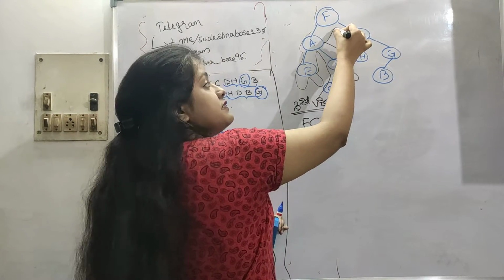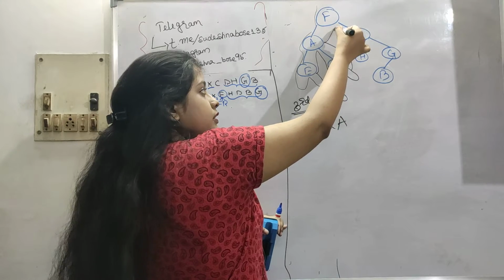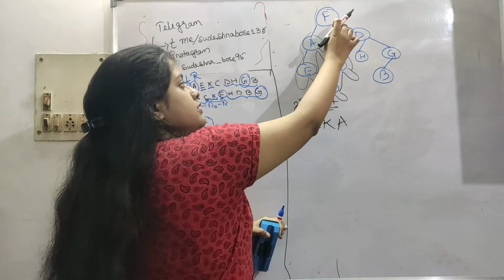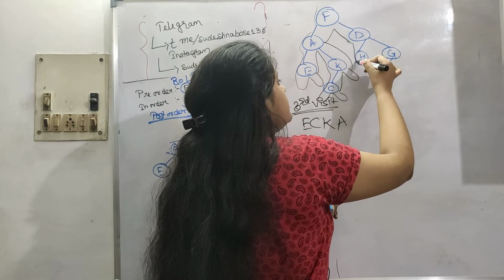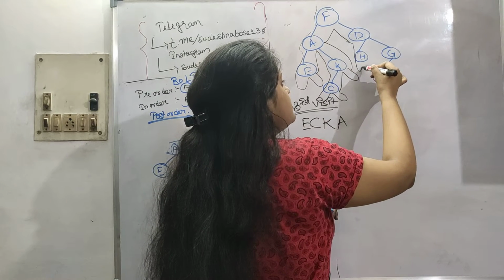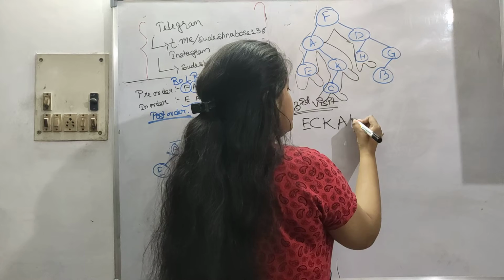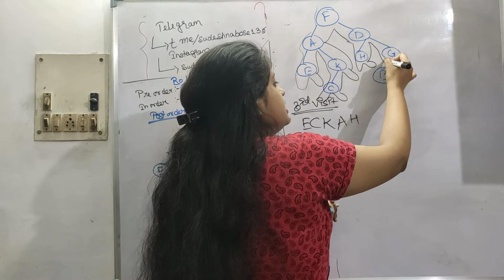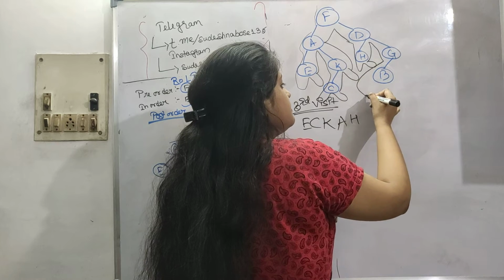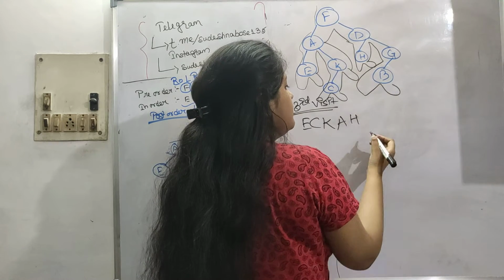Now F is visited second time because it is going right. So D is visited first, H is visited first, second and third. Then D is visited second time, G is visited first time, B is visited first, then second and then third.